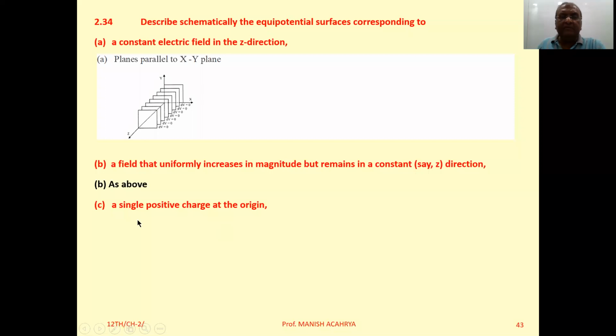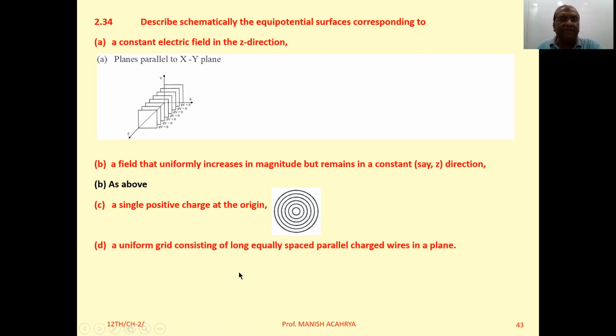Then for a single positive charge at the origin, the equipotential surfaces will be concentric spherical surfaces as shown in the figure.